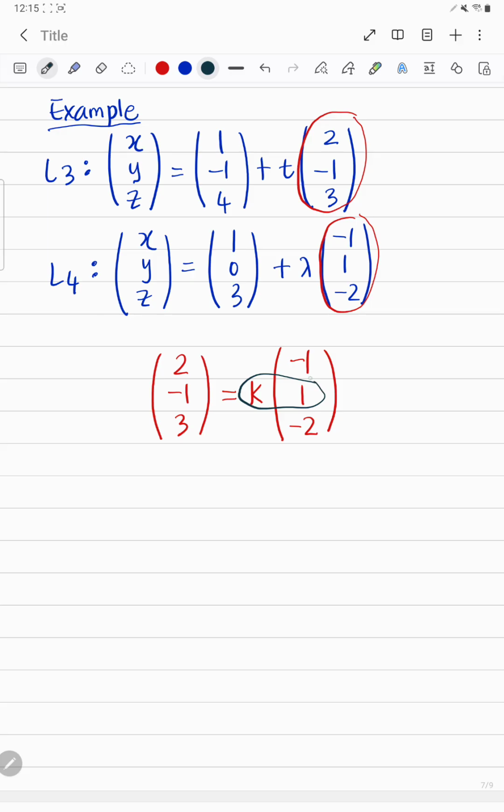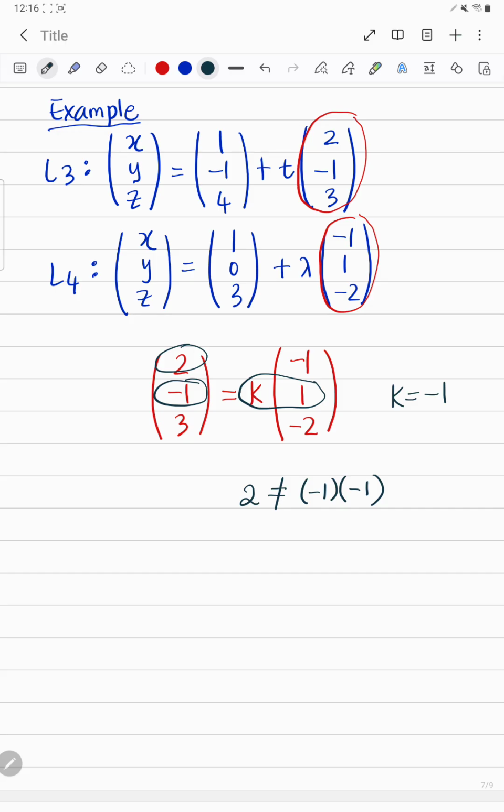If we look at the y component, if you say k is negative 1, does this apply to the x coordinate or is it valid? So if we check the x coordinate 2, if k is negative 1, 2 can never equal negative 1 times negative 1. So k equals negative 1 is not true for the x value.